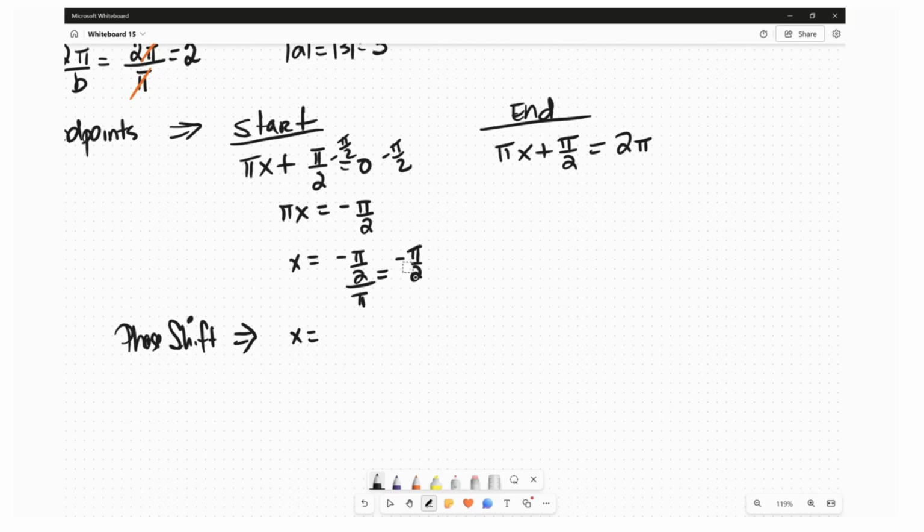Where did pi come from? Hold on. On the left side is pi x, so you divide by pi to get x by itself. Okay, I get what you're saying. You see it? Okay.